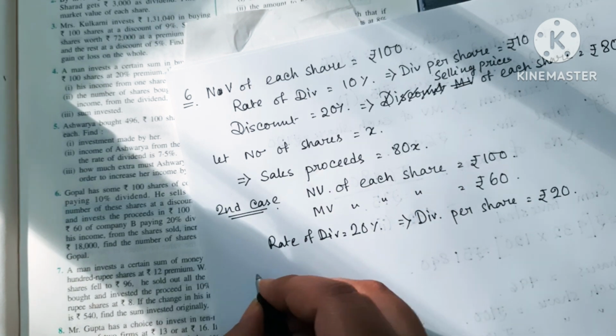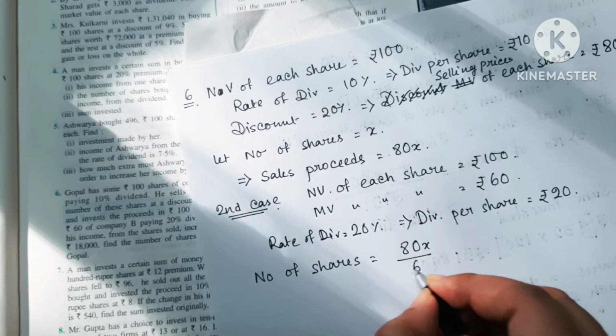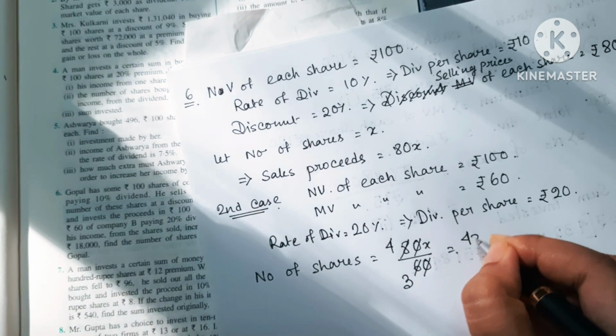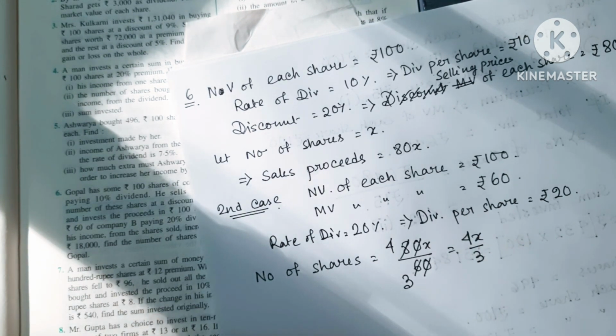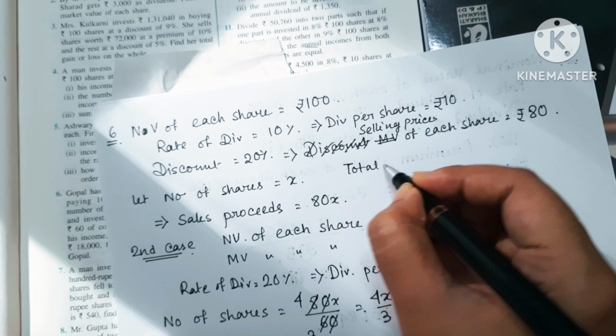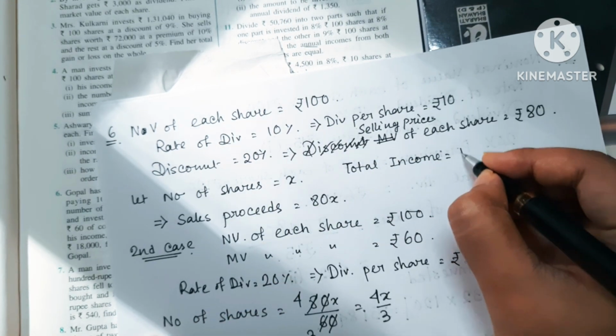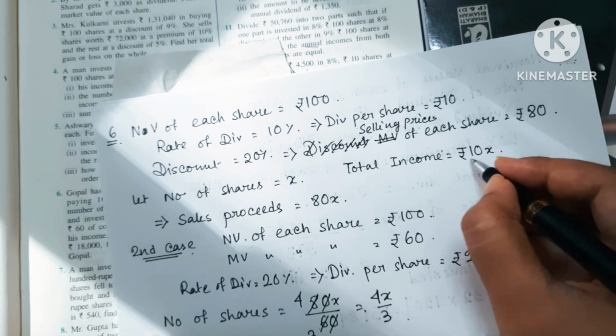So number of shares, that is this one by this one. Okay, 4x by 3, that is the number of shares in case of second part. Now in case of first part, total income, dividend per share is this one and number of shares is x. So in that case, total income is 10x, rupees 10x.